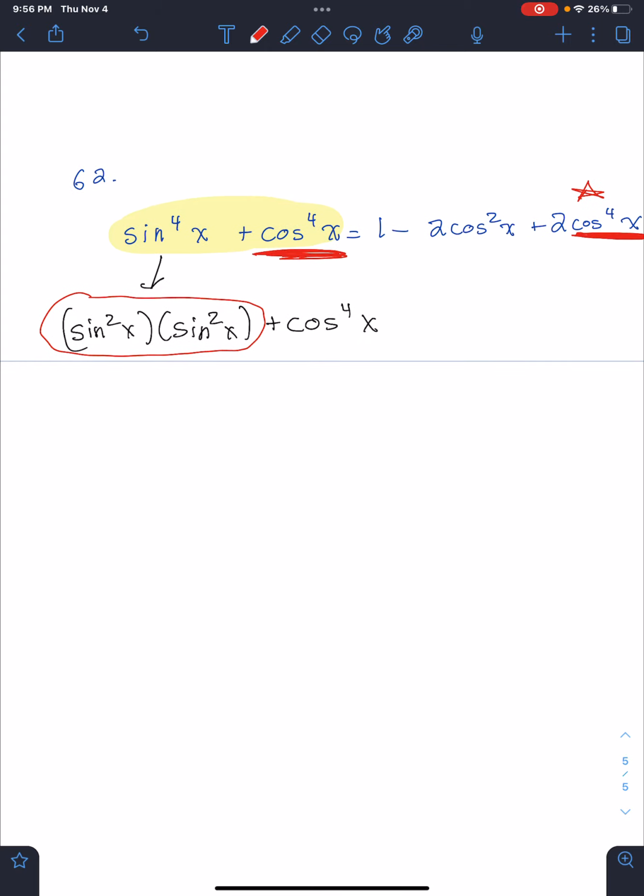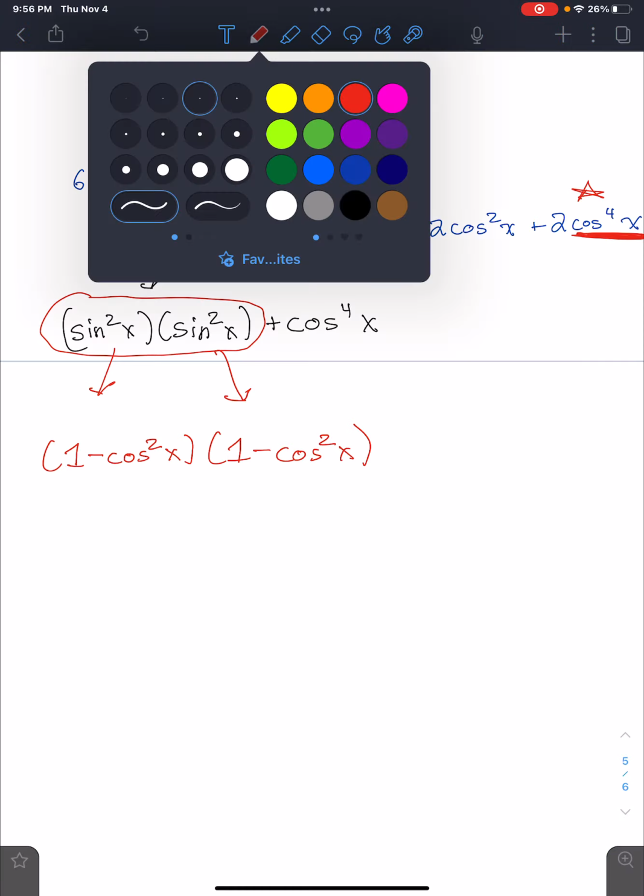So what I'm seeing is this is 1 minus cosine squared of x, and this is also 1 minus cosine squared of x. And the reason why I'm doing this is because I know I need a lot of cosine squareds and to the fourths, and I know if I use the Pythagorean identity here, that this helps create that.